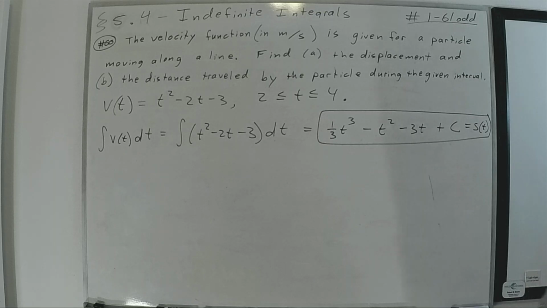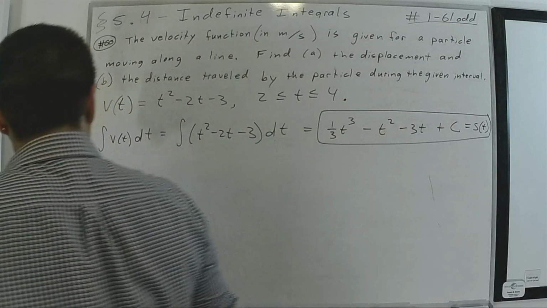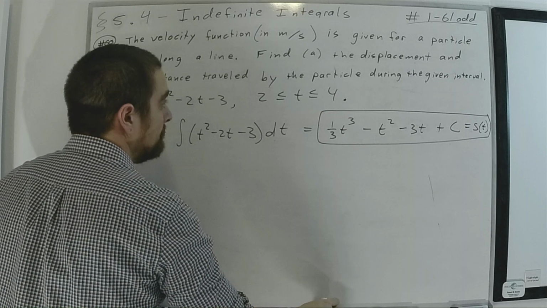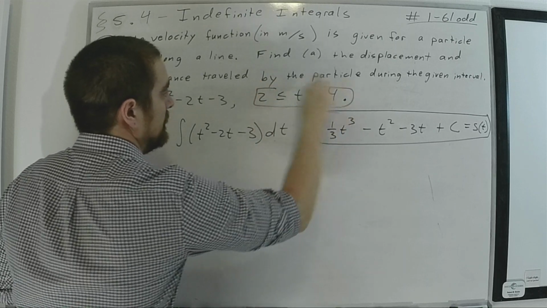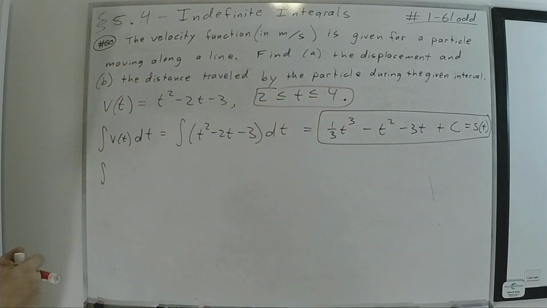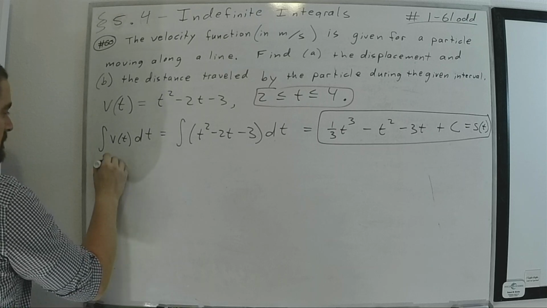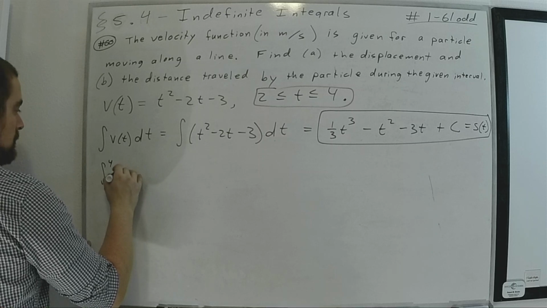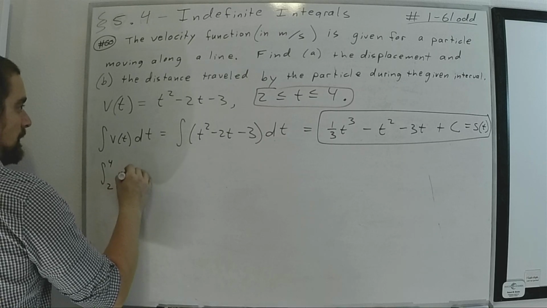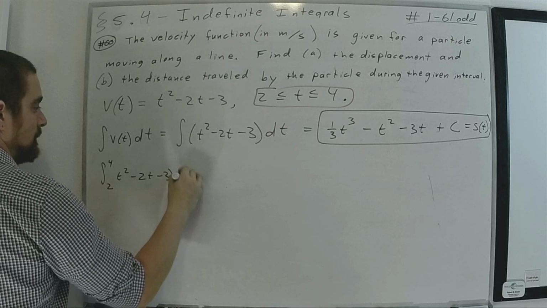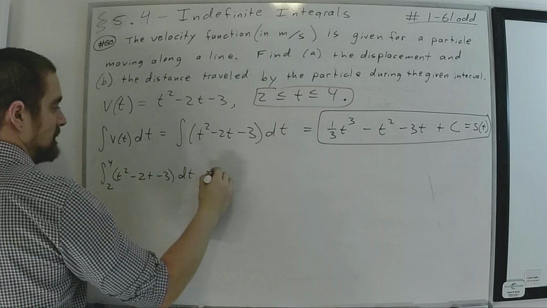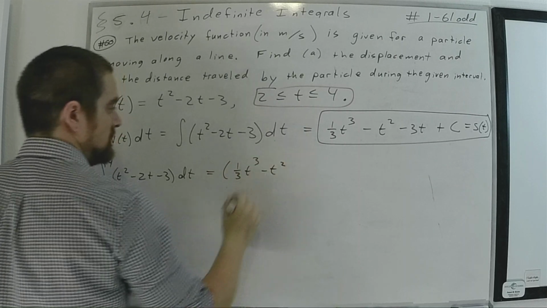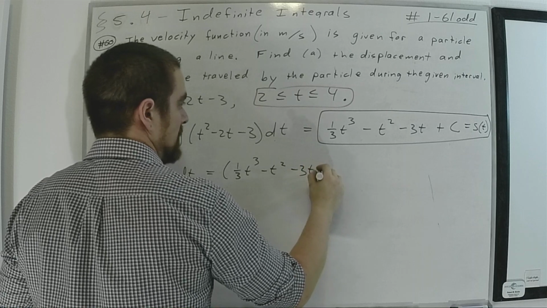So now we want to figure out what that displacement is. Total displacement, we'll look at the integral from, here is where t starts and where t stops. We'll see what that displacement gives us by going from 2 to 4 of t squared minus 2t minus 3, which is our velocity, which spits out our position, 1/3 t cubed minus t squared minus 3t.